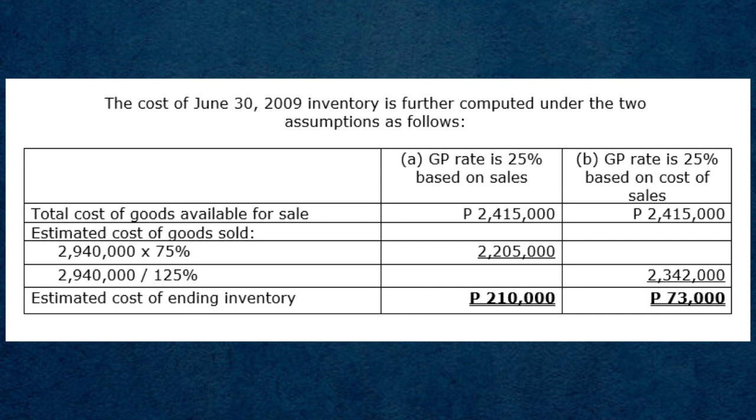Estimated cost of ending inventory under A, gross profit rate is 25% based on sales, is 210,000 pesos. Estimated cost of ending inventory under B, gross profit rate is 25% based on cost of sales, is 73,000 pesos.